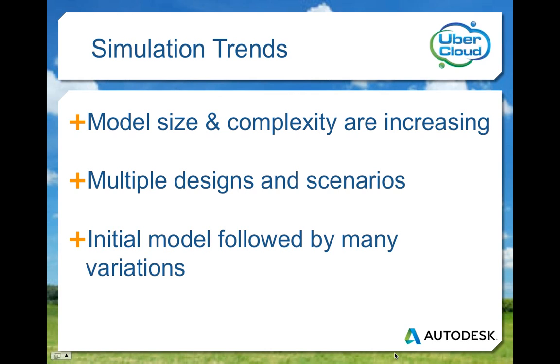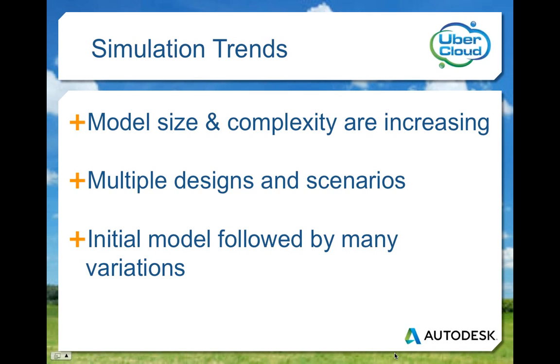And so what we've observed are really three main trends that are related to this idea of cloud computing. And the first one is that customers are setting up models that tend to be bigger than before and more complex than before. So the models tend to take more time and resources to solve. And then secondly, they're increasingly looking at many simulations, not just one, so that they can test different design ideas and different operating conditions, again, like we saw here in Mark's project.